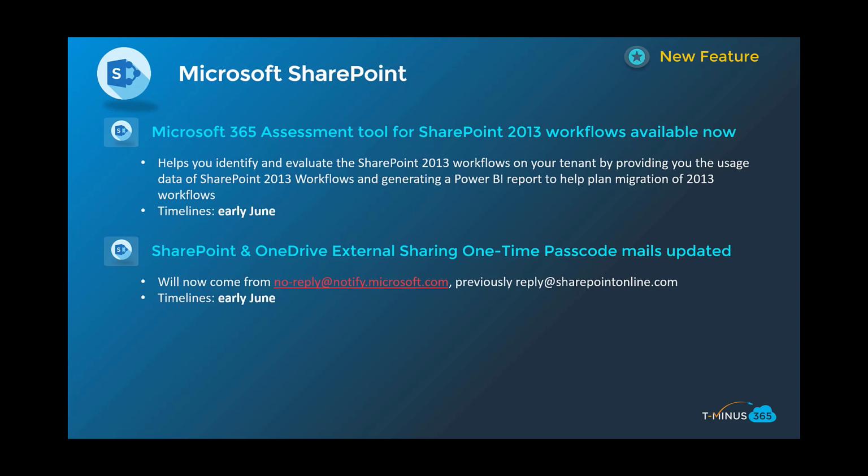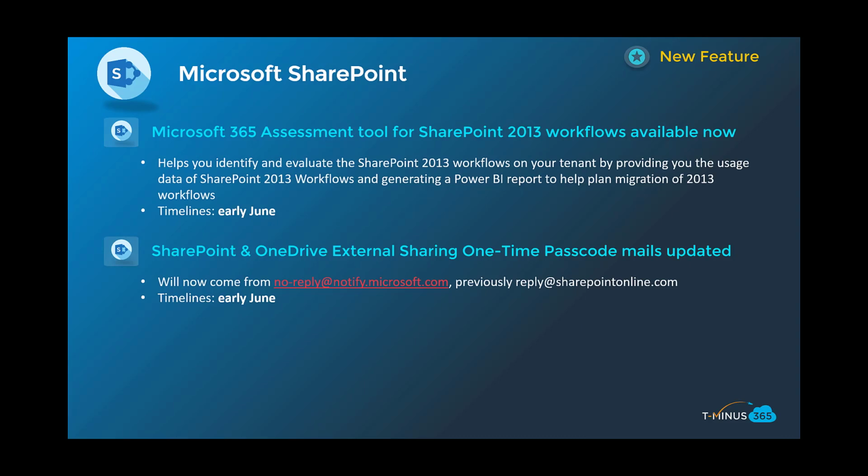The other one here, just nice to have, I feel like, as far as this SharePoint and OneDrive external sharing one-time passcode email that they use to send to users. I've personally had problems with this in the past for non-delivery or going to junk mail on third parties like Gmail. So they updated it here to no-reply@notify.microsoft.com instead of the reply at sharepointonline.com, and they believe that'll help the delivery of those as well.